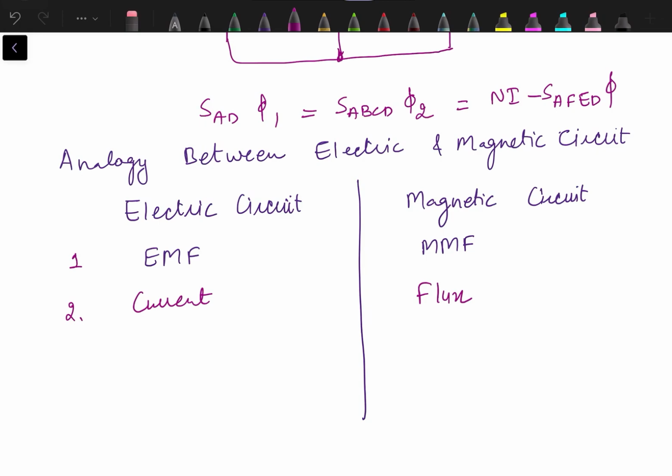In case of electrical circuits, the opposition offered to flow of current is resistance. The opposition offered to flow of flux is reluctance. So both are analogous.